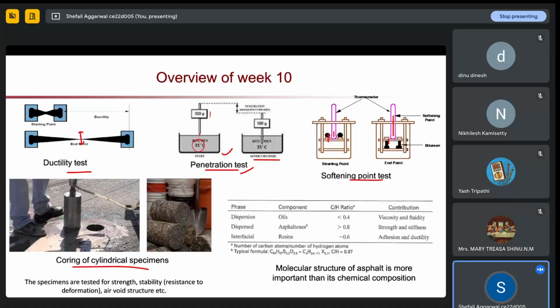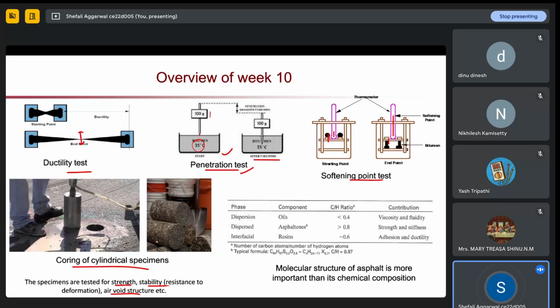We take the sample to our lab and check different properties of this material. Normally we check strength, stability and void structure. These three are the main tests we do on the cores collected from the site.